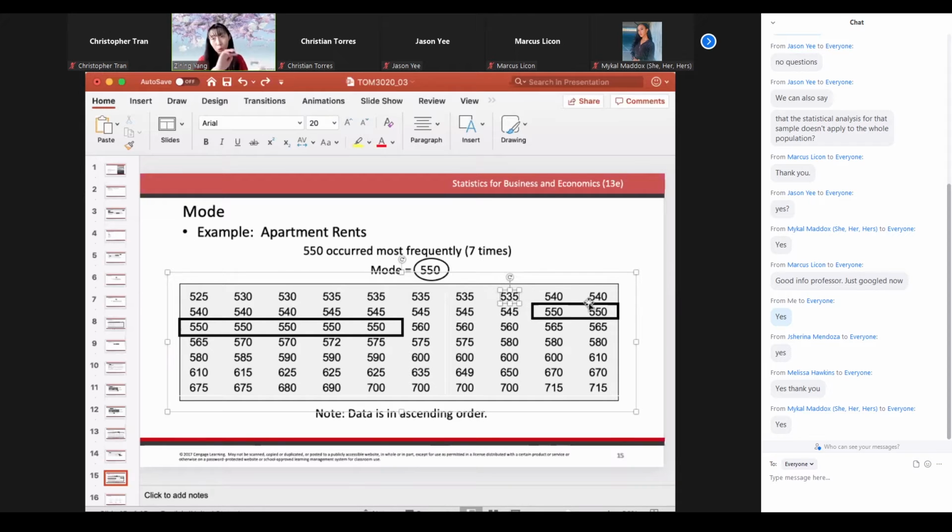So we check each value, and after checking all 70 numbers, we realize that the number $550 showed up the most times, with the highest frequency, 7 times. So that is our mode. Our mode is $550. So it's just another metric to describe the data.